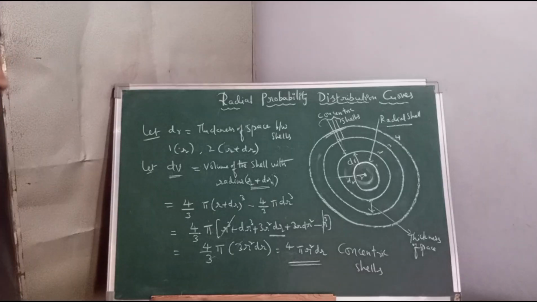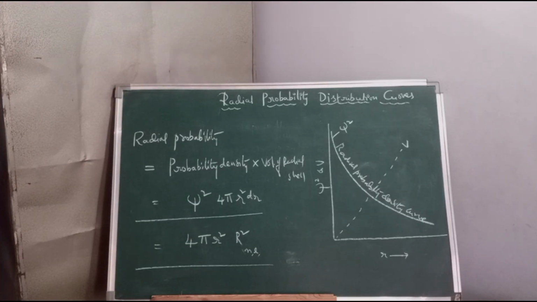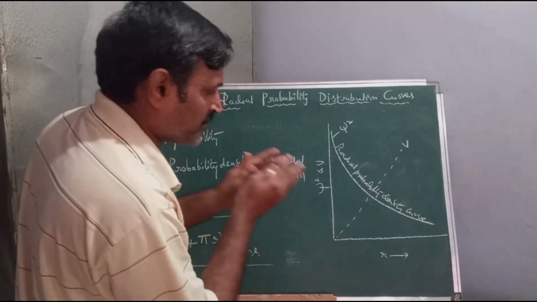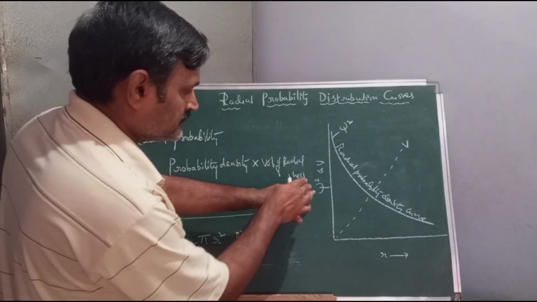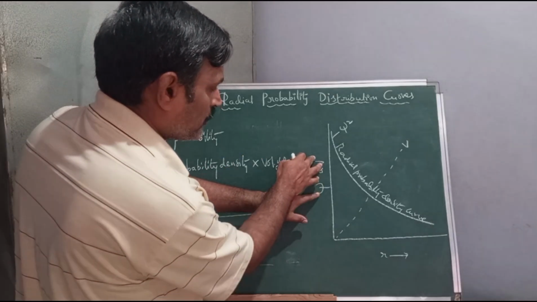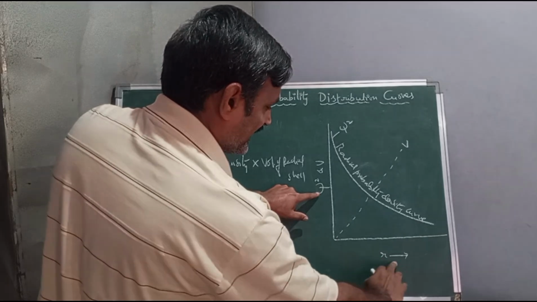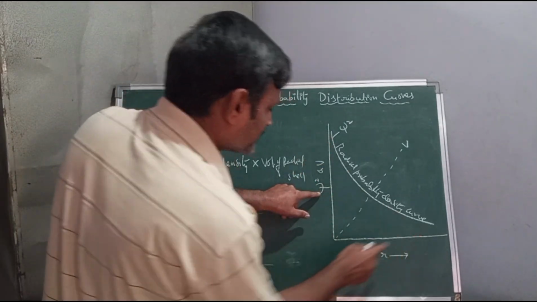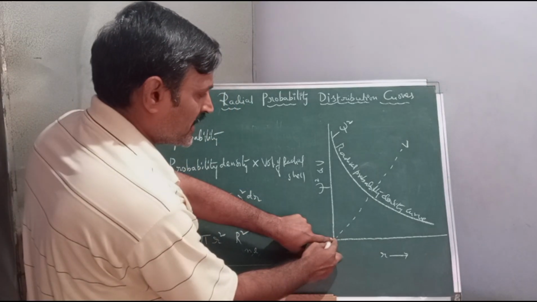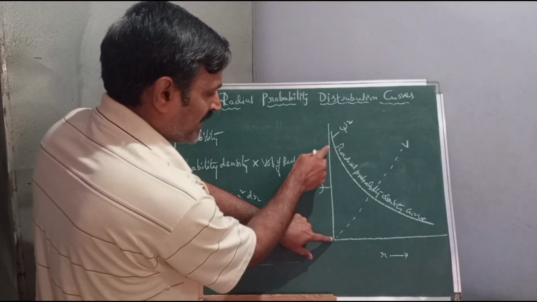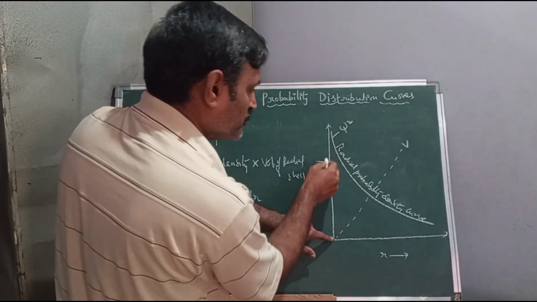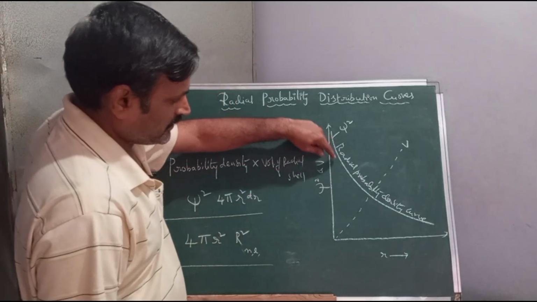Okay, let us see that formula. Now you can see the curve obtained by plotting the graph of psi square and volume versus the radius, meaning the distance of the electron from the nucleus. The curve came like this, in which the radius increases along the x-axis and the psi square value decreases in this direction.